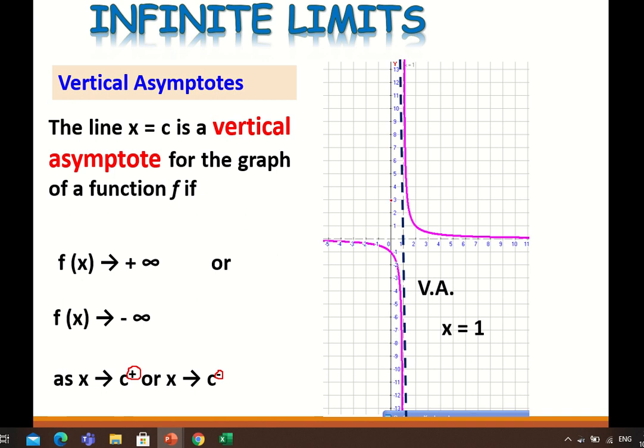This is our y-axis, and this is our x-axis, where y is a function of x, or y equals f of x. So you understand now what a vertical asymptote is. In this example, the vertical asymptote is x equal to 1.